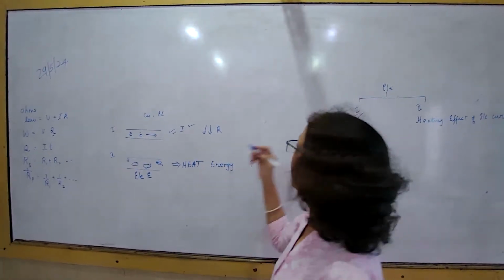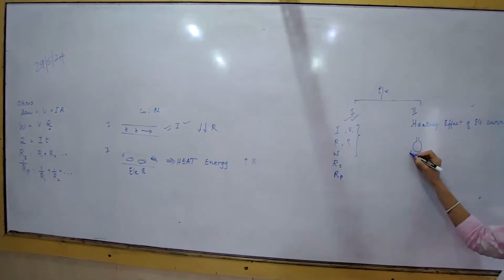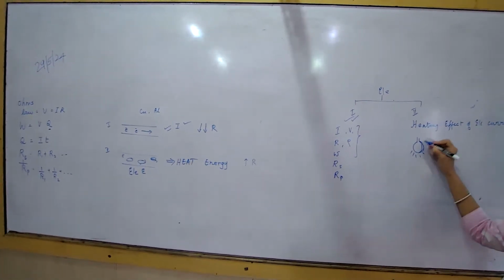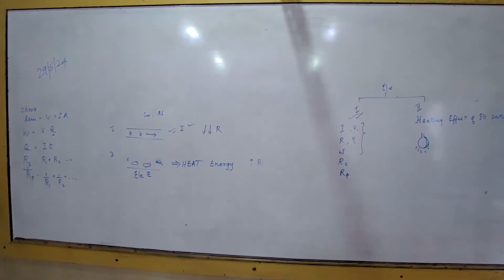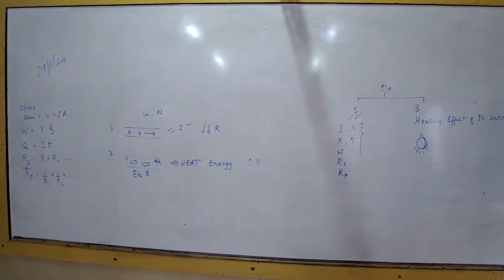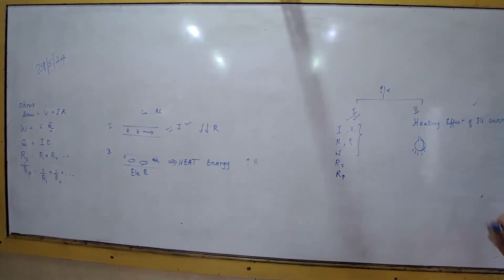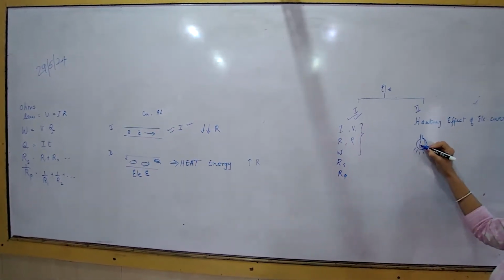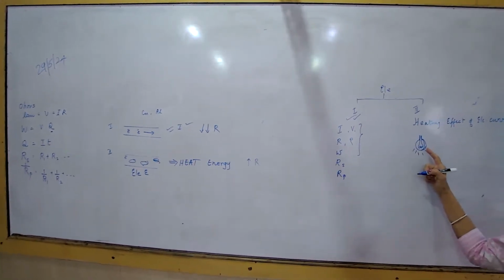Some of you may be already familiar with these type of bulbs. I'm not talking about LED bulbs. I'm talking about an incandescent bulb. If you notice very carefully, you have a coil like that inside. That is your tungsten filament.